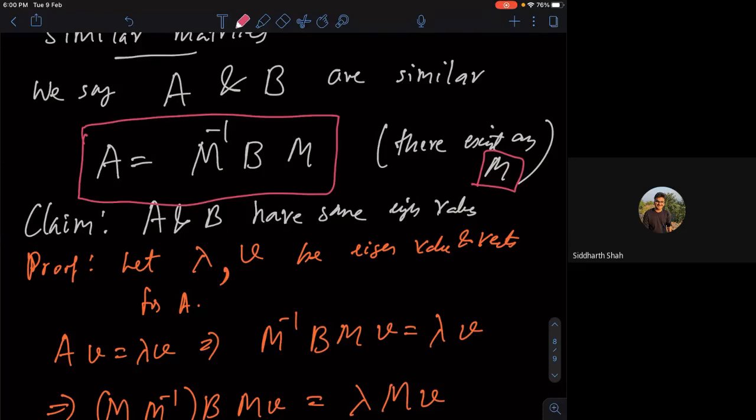Here's a problem. You are given a matrix A, and you are asked to find out its eigenvalues. How do you find that out? How have we found out till now? What is the method we know now to find the eigenvalues?